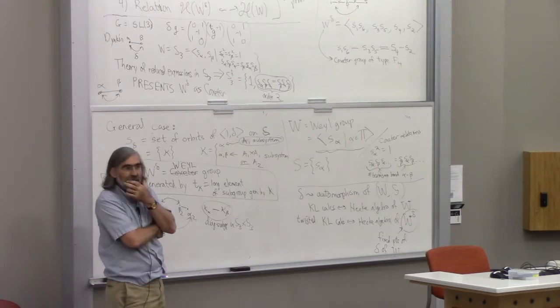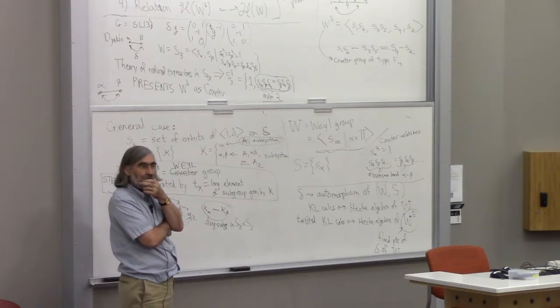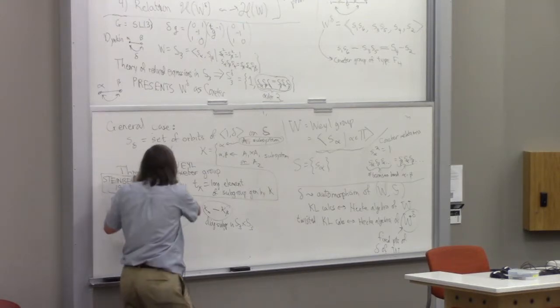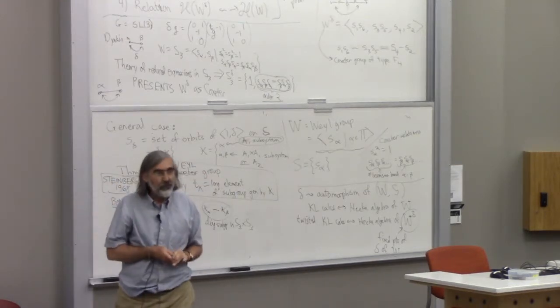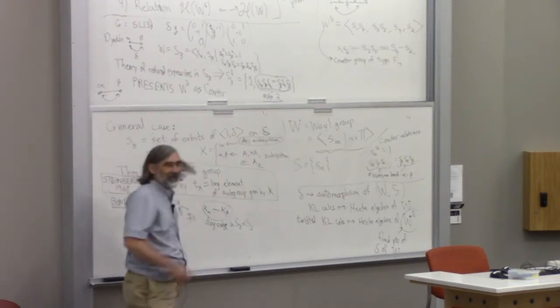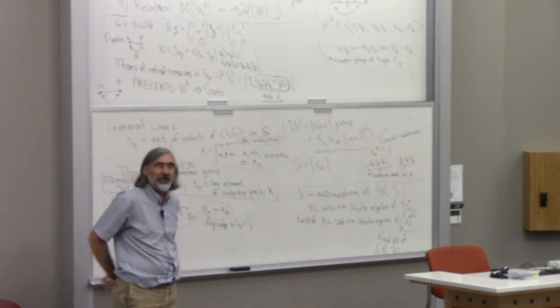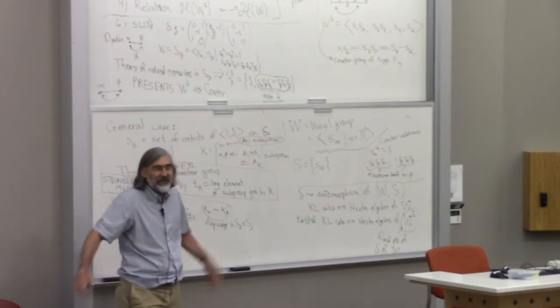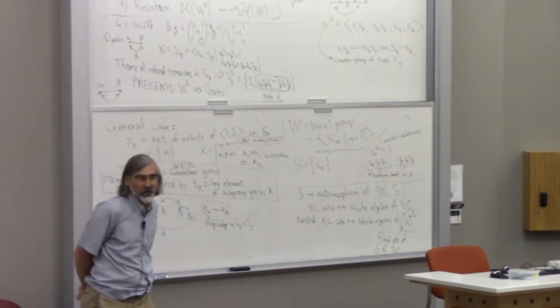Does your construction depend on the fact that W was a Weyl group, or would it work for a Coxeter group? This theorem is true for a Coxeter group: if you start with a Coxeter group, you get a Coxeter group. Yeah, it's using things about reduced expressions for words.